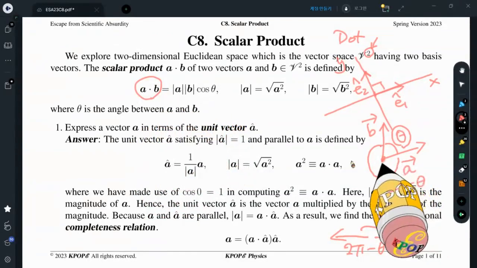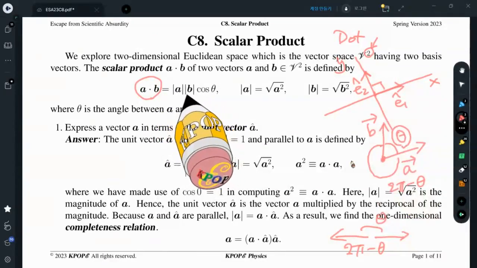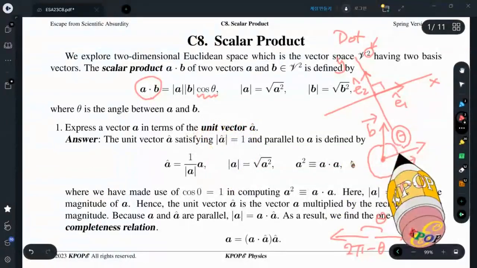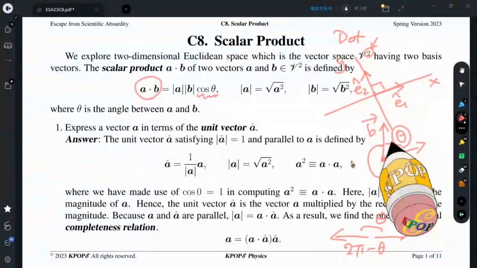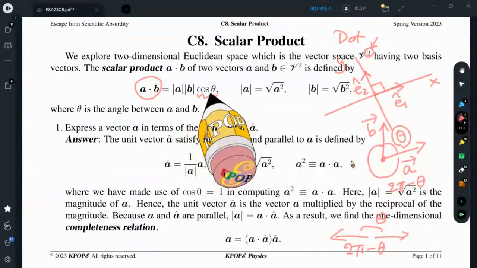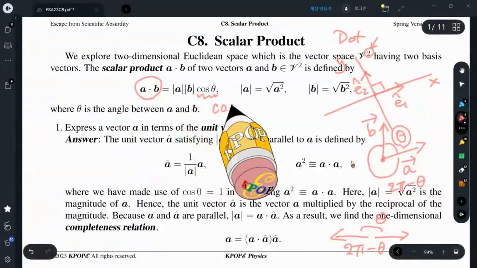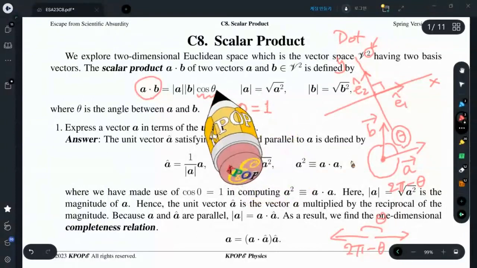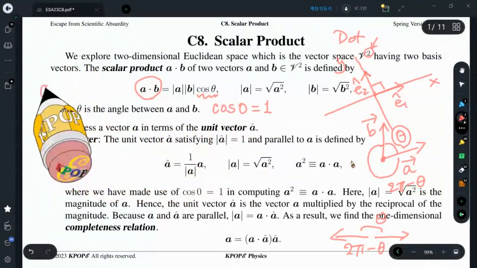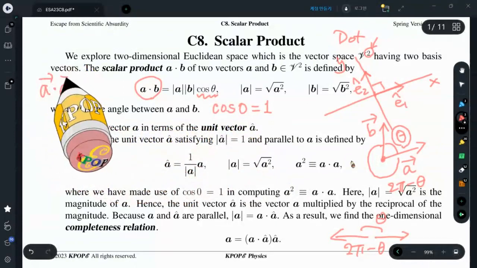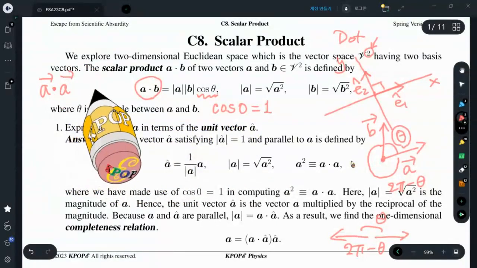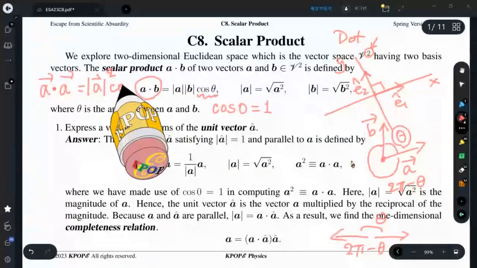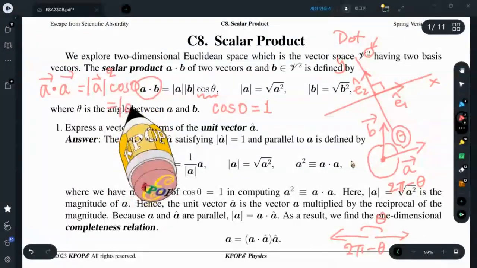The magnitude of a vector multiplied by the magnitude of the other vector and the cosine of the angle between the two vectors. If theta is 0, then the cosine is 1. Therefore, in that case, for the same vector, for example a vector scalar product with itself, that is magnitude squared times cosine 0, that is magnitude squared.